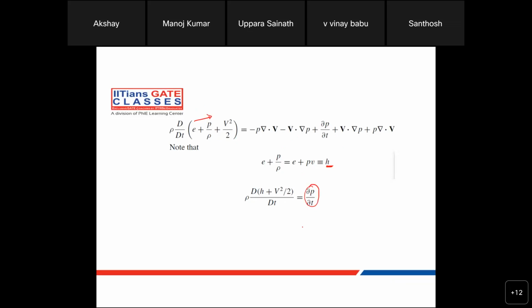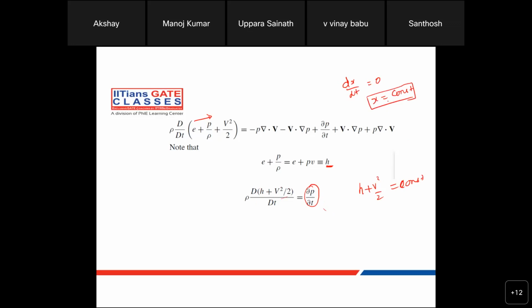If the right hand side is 0, then whatever is inside the differential operator becomes h plus V square by 2 equal to constant. Like if the derivative of something is 0, like dx by dt equal to 0, then x should be constant. That is how the derivative works.